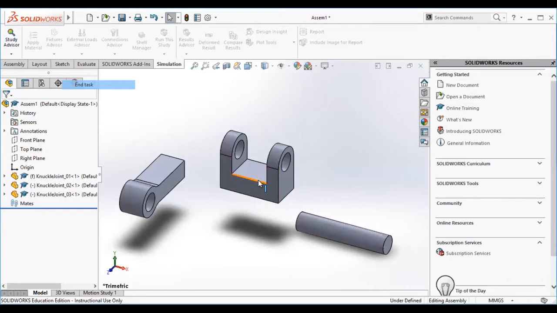We will assemble this fork end with the eye rod, which has a specific hole, and the pin will connect the two parts together. We have these three parts, and I brought all of them into one view. First I'm going to make sure they are assembled properly so that the pin will go inside this fork end and then this rod.